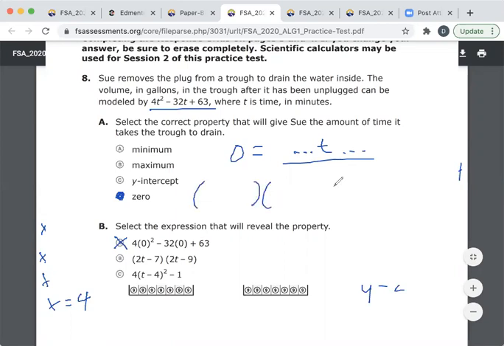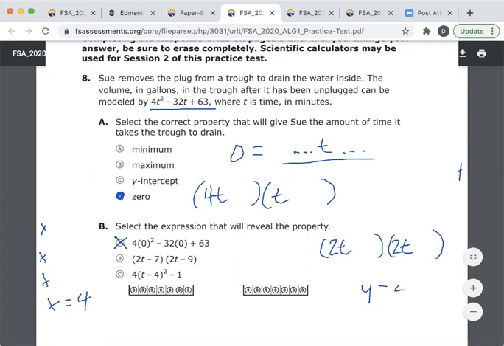Okay, I'm going to draw this twice. So 4t squared could be 4t times 1t, right? 4 times 1 is 4, and then t times t is t squared. Or it could be 2t times 2t. So 2 times 2 is 4, t times t is t squared.